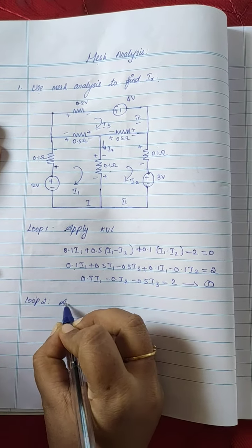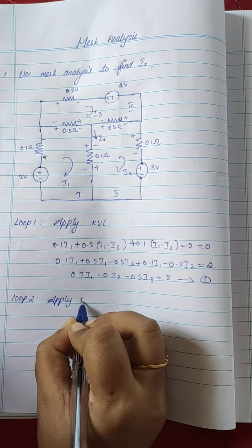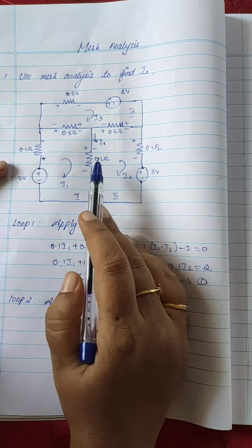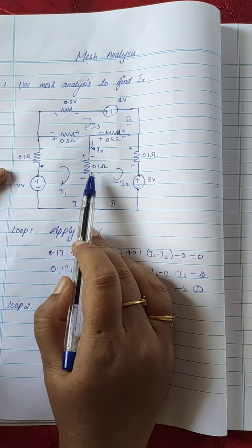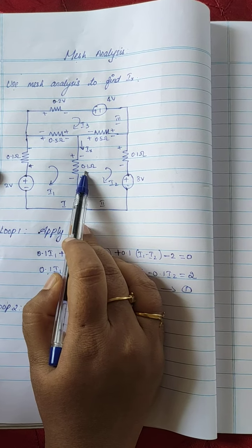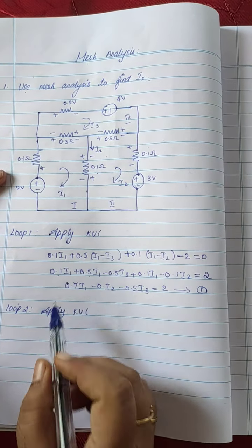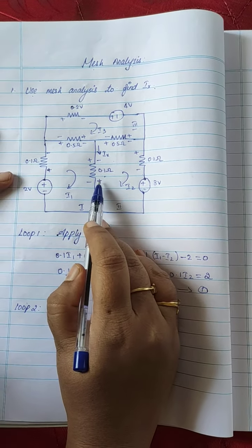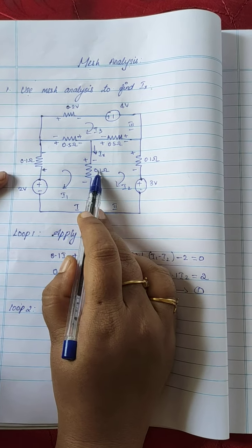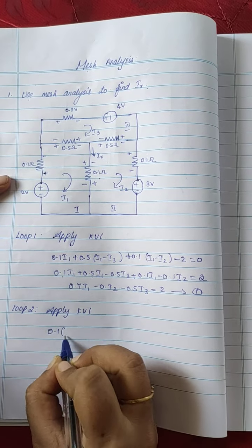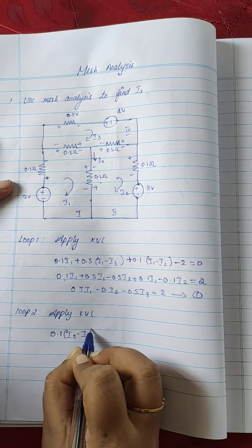Similarly loop 2. I am going to apply the same KVL to this loop. I can start from any resistor, for example from 0.1. The current through the 0.1 is I2 and I1, so plus to minus, plus 0.1 times I2 minus I1.